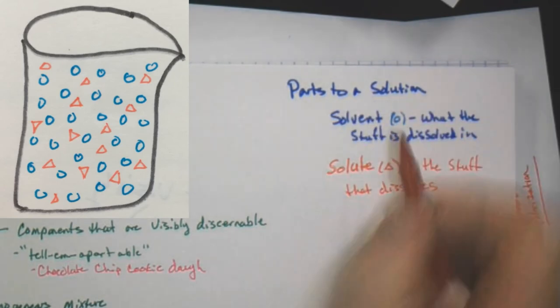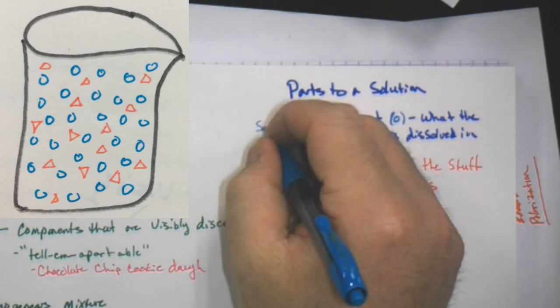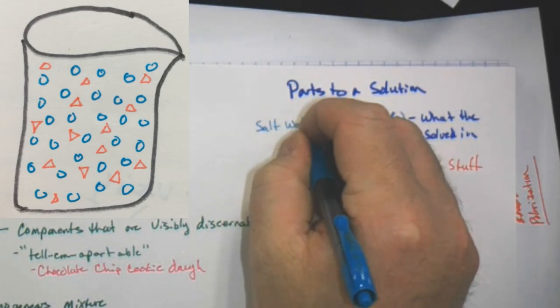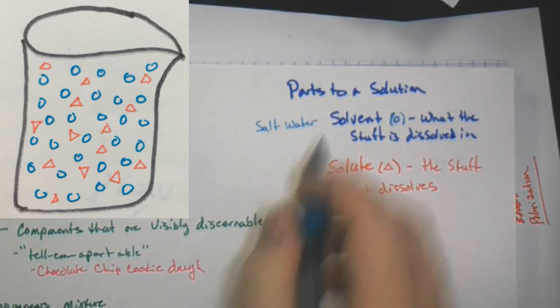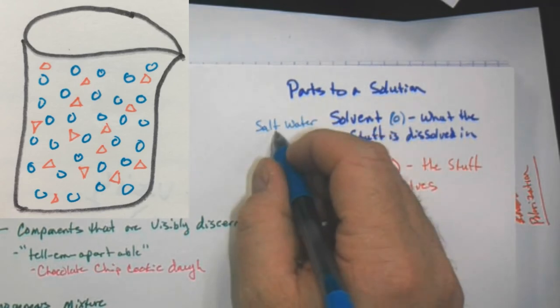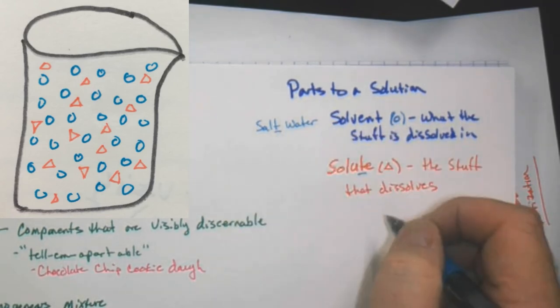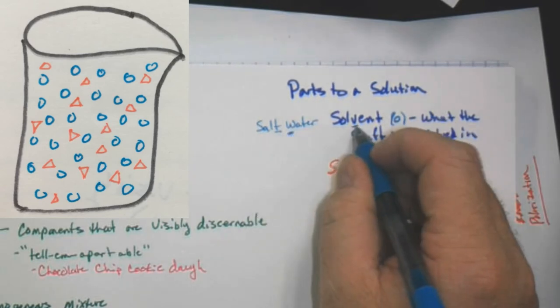You could think of this in terms of salt water. So imagine salt water. This is my mnemonic for it, just how I remember which one's which. Okay, salt is the solute, and the water is the solvent.